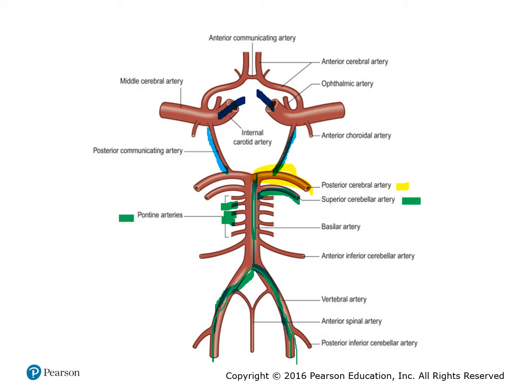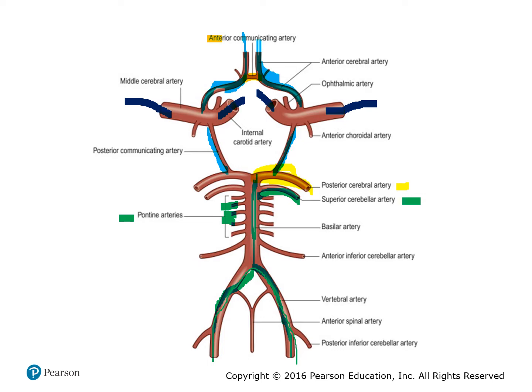And then we see middle cerebral here. And then we can see anterior cerebral artery, or ACA, okay, all the way up through here. Okay. Then the little guy in the middle is that ACOM, or anterior communicating. Okay. Anterior communicating.